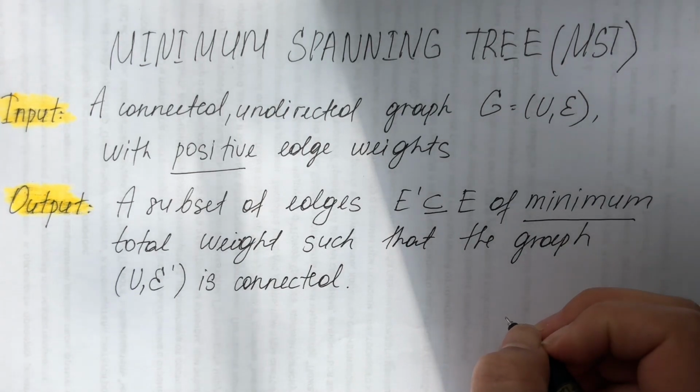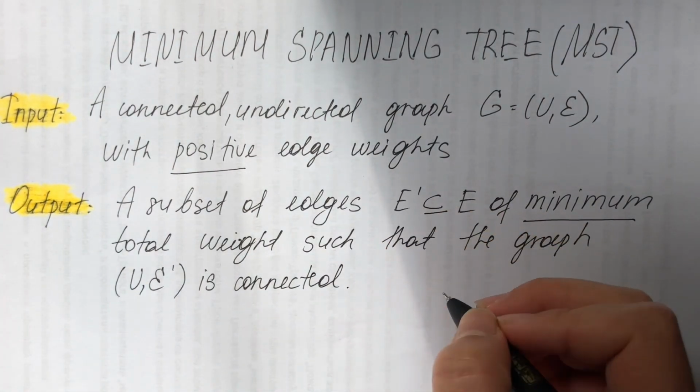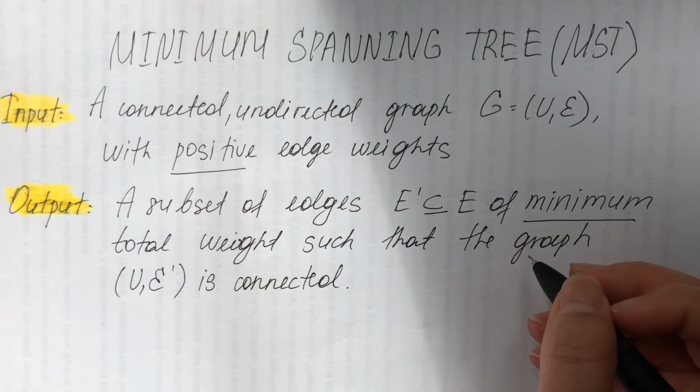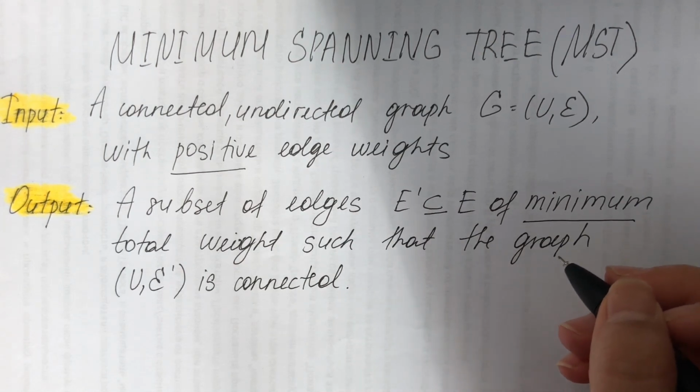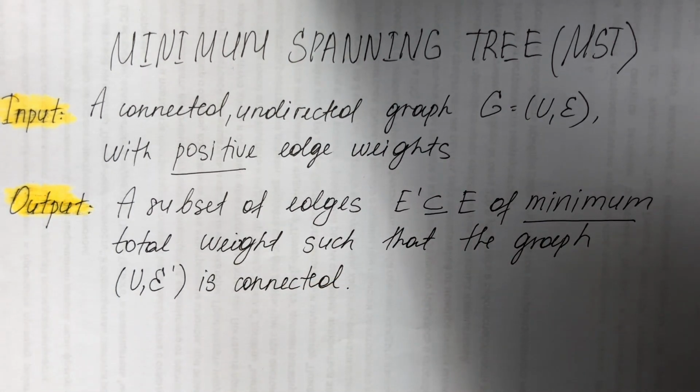So if we leave this subset of edges and remove the other edges, the graph will still be connected.